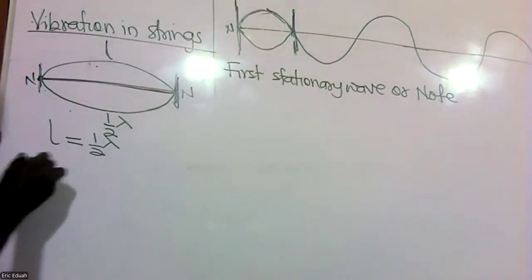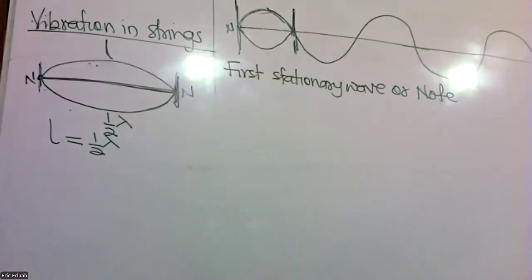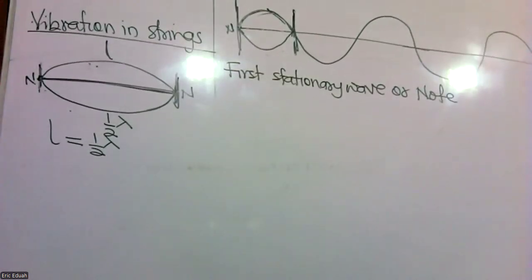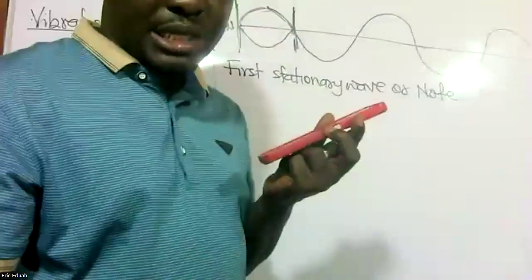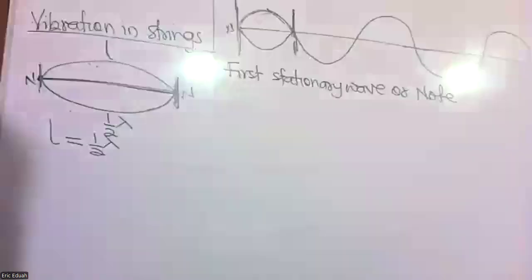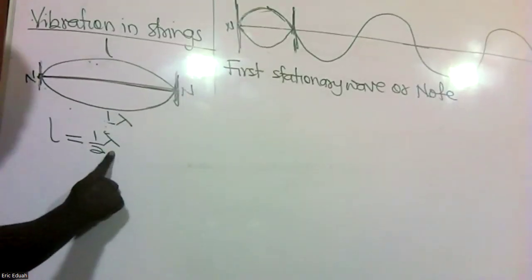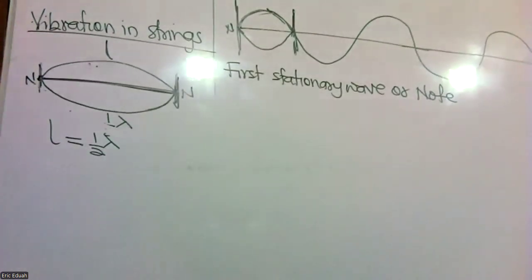Now, stationary waves are formed with a particular wavelength and frequency. So let's look for that particular wavelength. This length L of the string is equal to half lambda.